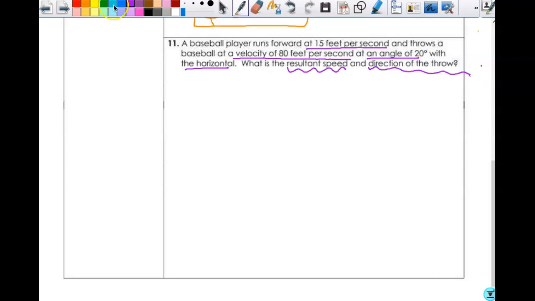So we want to think about what's happening here. He's going to run forward, right? So running forward at 15 feet per second. Forward would just be your angle 0, right? So here we go. This is at 15 feet per second.